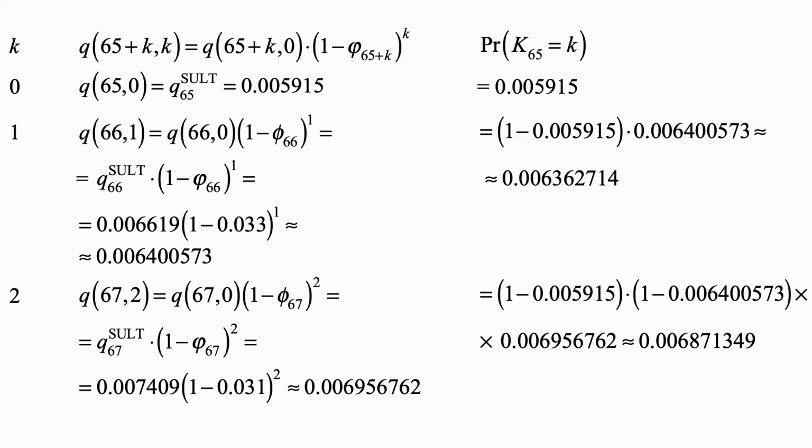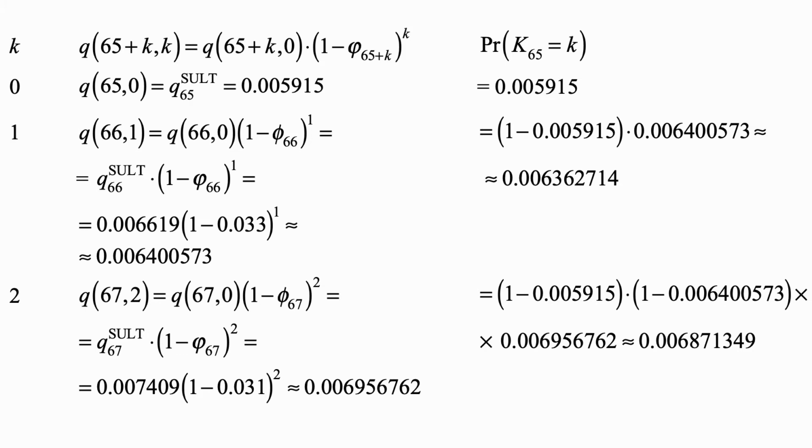Q of 66, 1 is Q of 66, 0. So this is a person who's had a year of mortality improvement. That 1 stands for it. And the person is 66 now, was 65 when mortality improvement or longevity improvement really started.